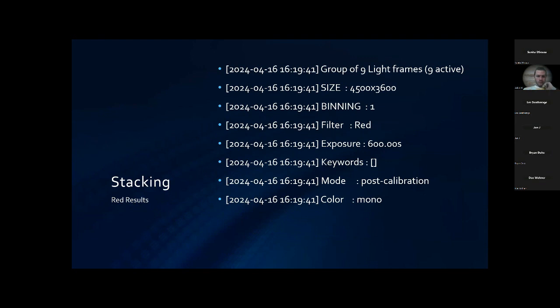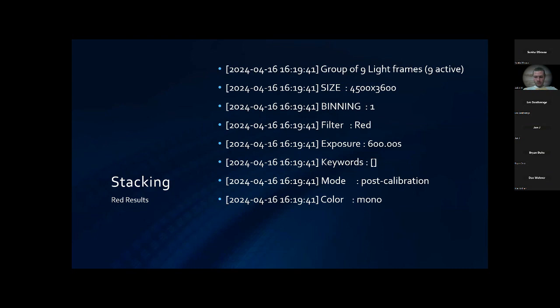Really? Yep. Wow. How did you reject? Well, PixInsight, when it goes to evaluate everything, if a frame doesn't meet certain criteria, it just ejects it out. Most of the time, if it's got satellite trails in it, it usually doesn't reject the whole frame. No. It'll take the trails out and stuff like that. But if the frame is bad enough that it can't do anything with it, it will reject it.